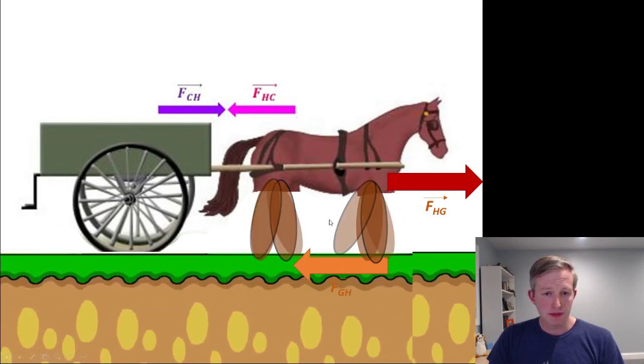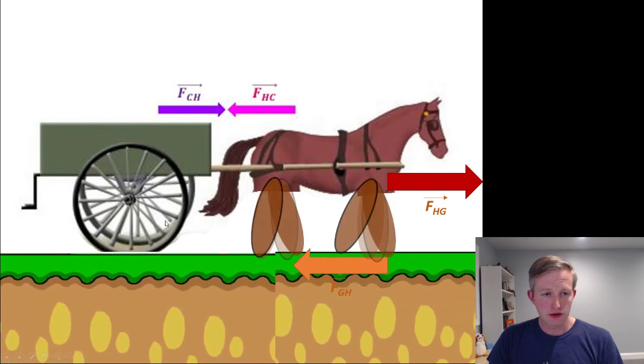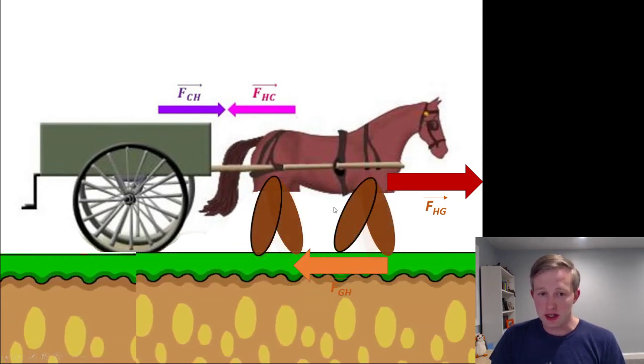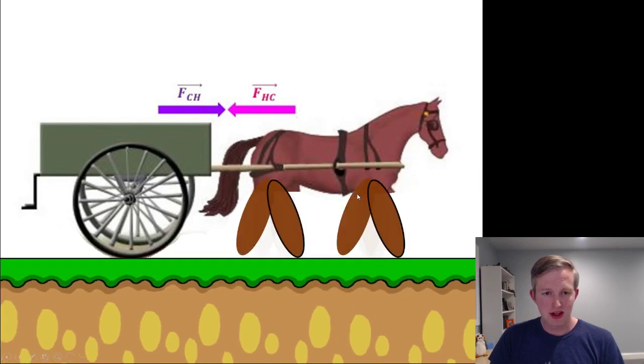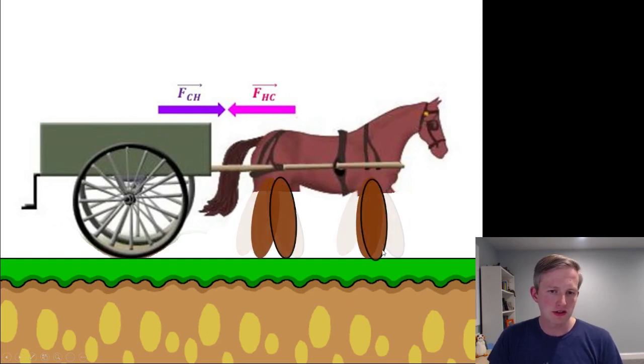Now, if we imagine a circumstance where the horse no longer has friction between itself and the ground, then we can see this kind of sad but hilarious circumstance where the horse, as it moves its feet, just slides against the ground without actually pushing in any way.